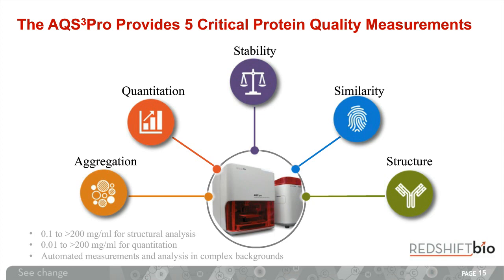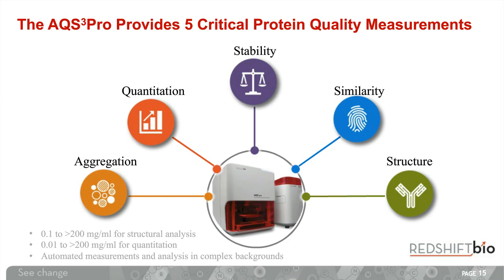Each one of these is already available using one technique or another, but no system that is currently available is able to make all 5 of these measurements on one platform. In addition to this, each one of these systems suffers from a number of caveats, be that the limited dynamic range in which they can operate, or perhaps limits in the types of backgrounds in which the samples can be in, or in the fact that they are not automated platforms, whereas here we have a system that covers all of these in one.